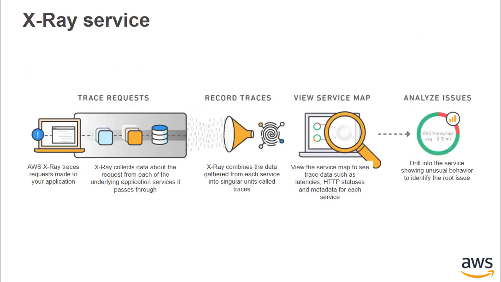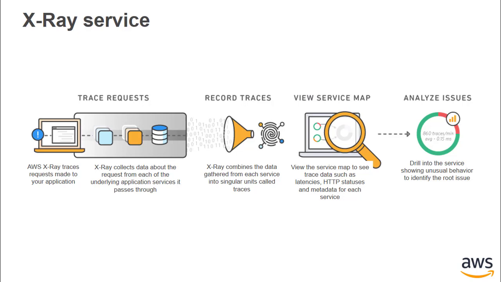So how it works is, you use our SDK to trace different requests in your application, and then the X-Ray agent that is running on the machine, or AWS Lambda, or AWS Elastic Beanstalk, captures these traces and sends them to a central location.